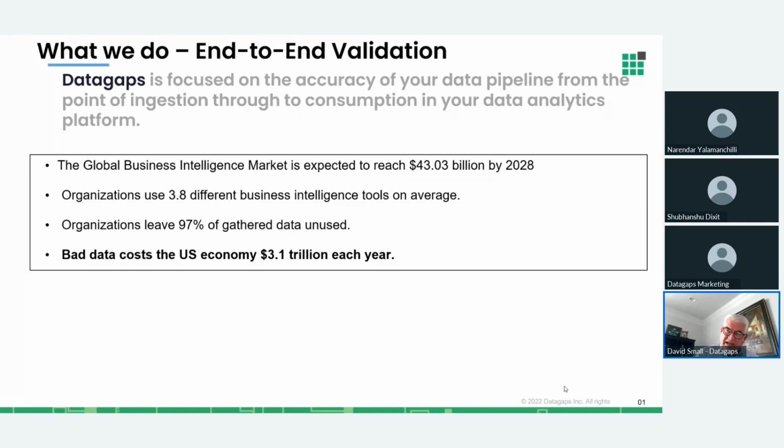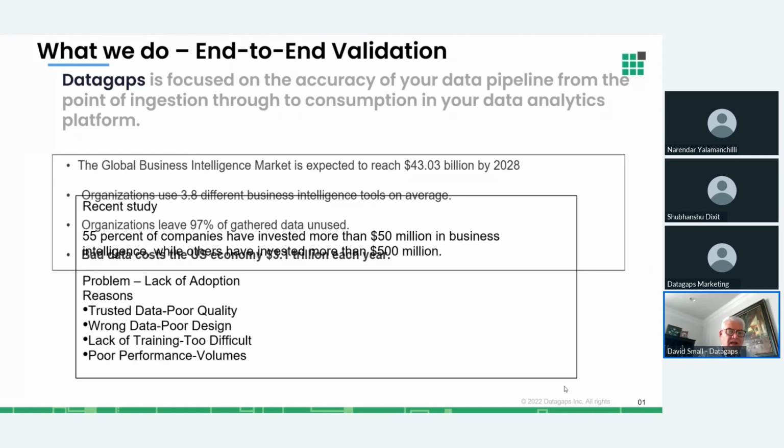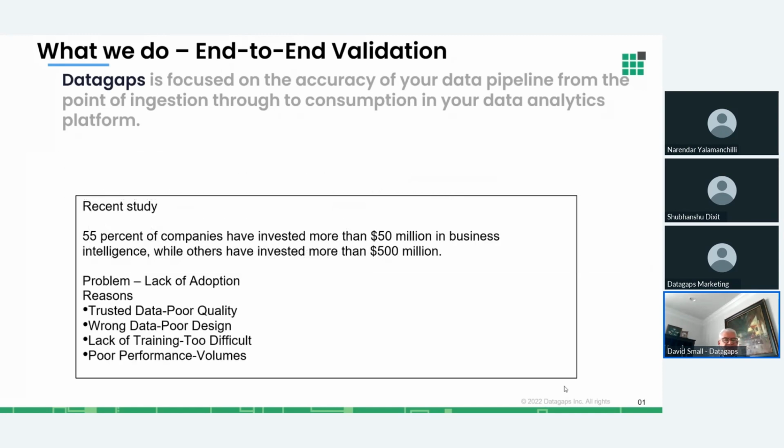And if we can help eliminate some of that, you can improve your processes and reduce your cost tremendously. A recent study says that companies invest more than $50 million in business intelligence, and some have invested upwards of $500 million, but they're not getting the results that they would like. It's improving, but it's not getting the results that they would expect.